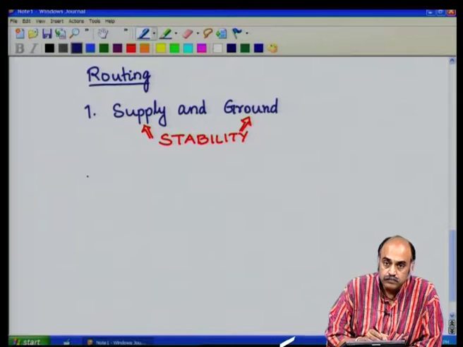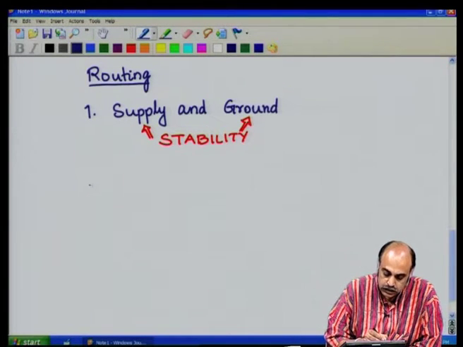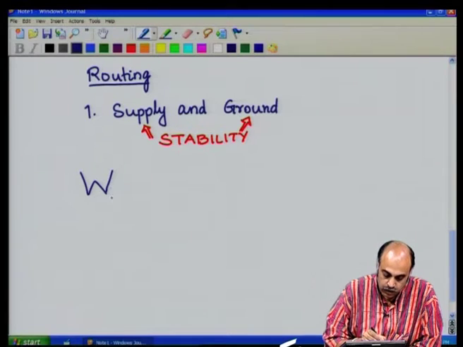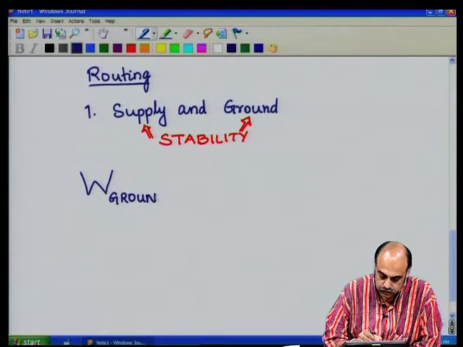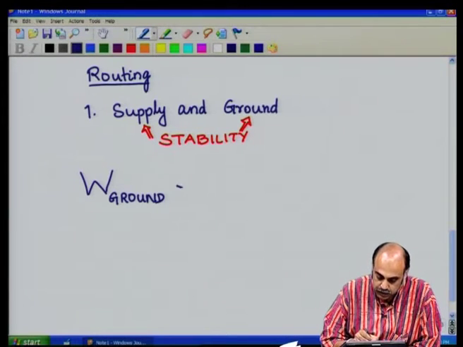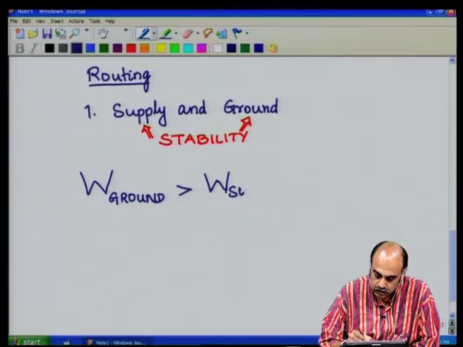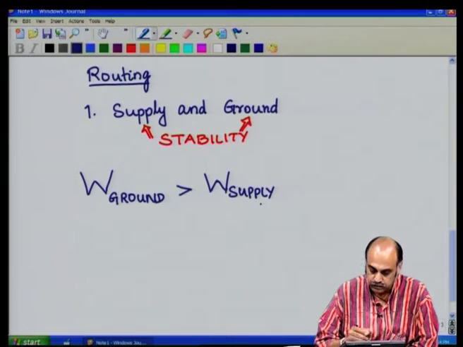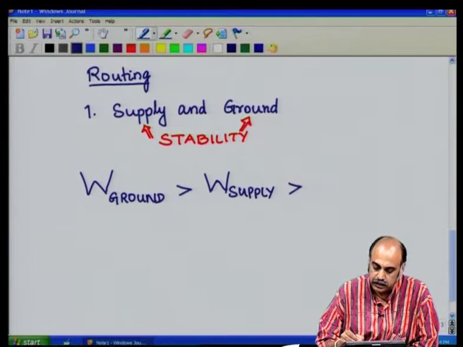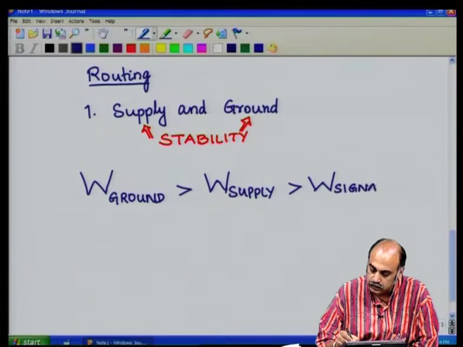One of the generic rules is the width of, I put that in big, width of the ground conductors should be greater than the width of the supply tracks, which of course should be greater than the width of your actual signal tracks.